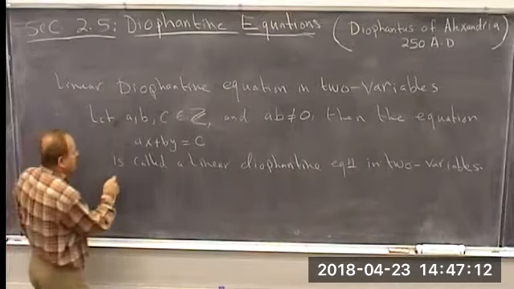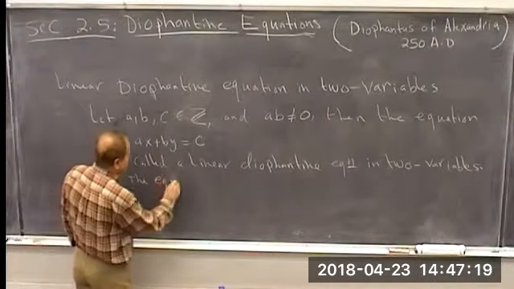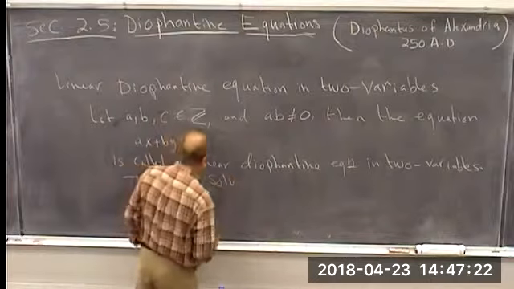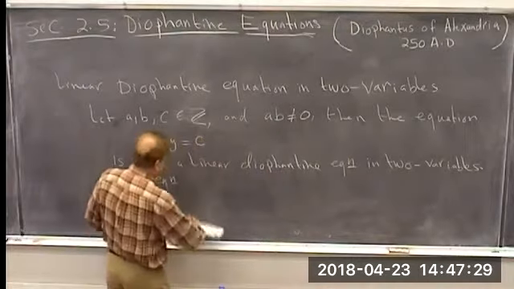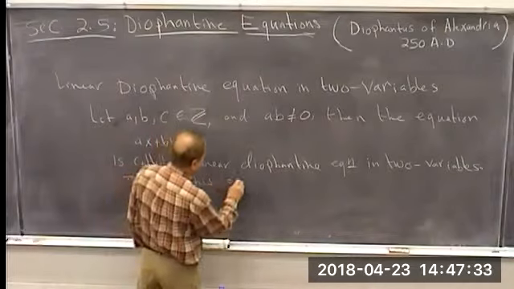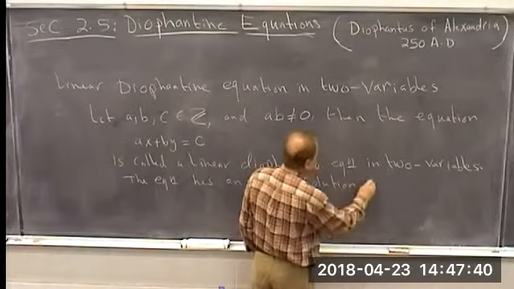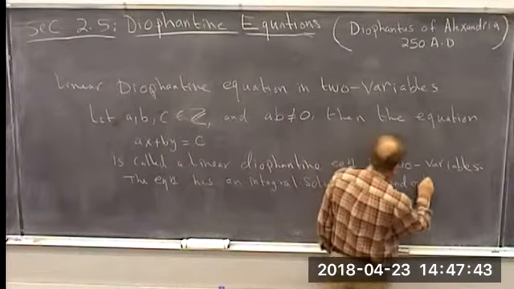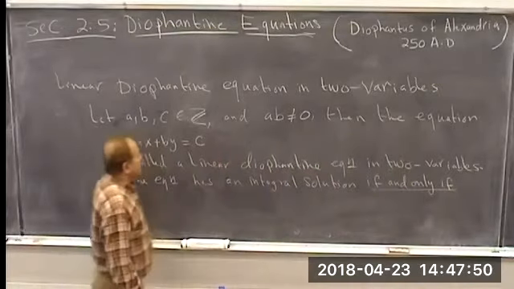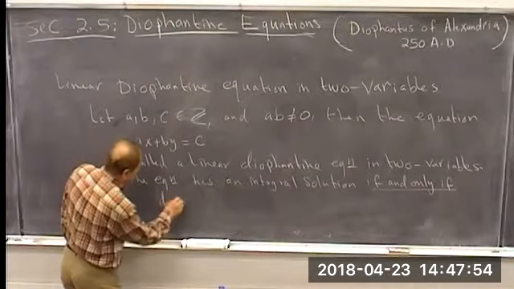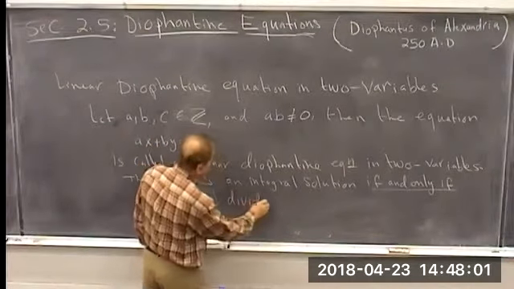Turns out that the equation has an integral solution if and only if, so this is a necessary and sufficient condition, the greatest common divisor d, which is equal to the greatest common divisor of a and b, divides c.